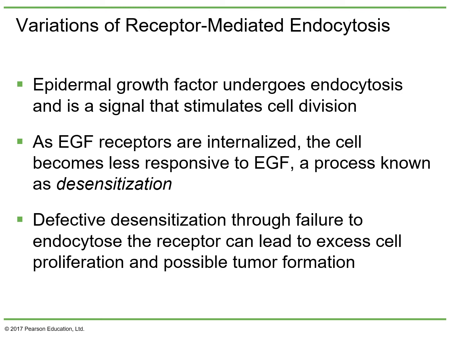As EGF receptors are internalized, the cell becomes less responsive to EGF. This process is desensitization. Deficiencies in desensitization caused by defective endocytosis can lead to overstimulation by EGF, resulting in excessive cell growth, cell division, and possible tumor formation.